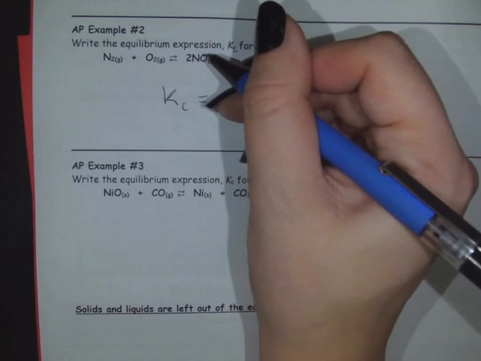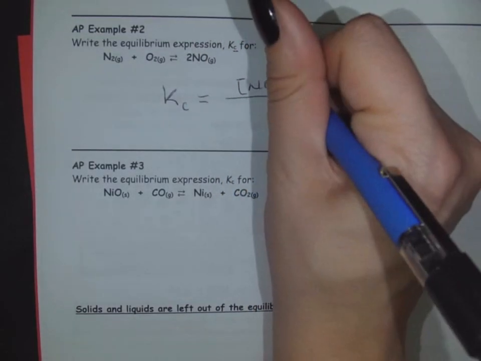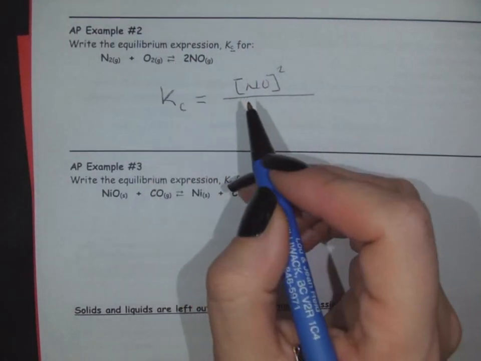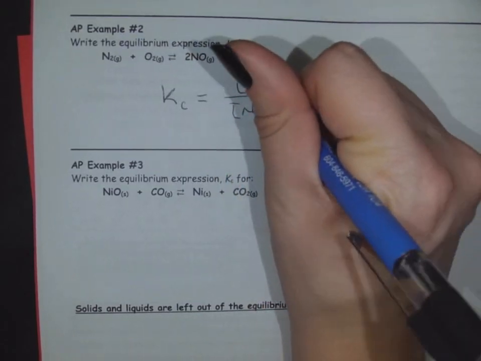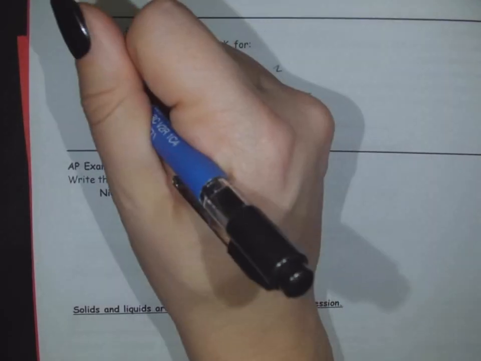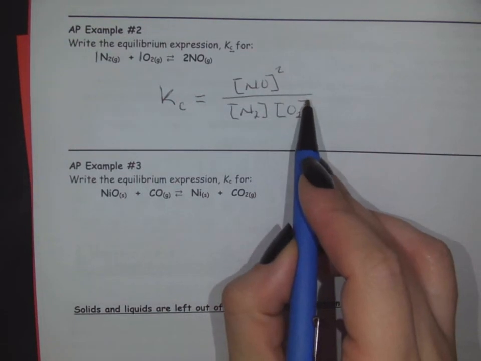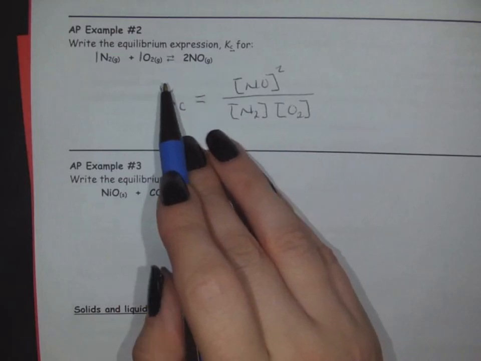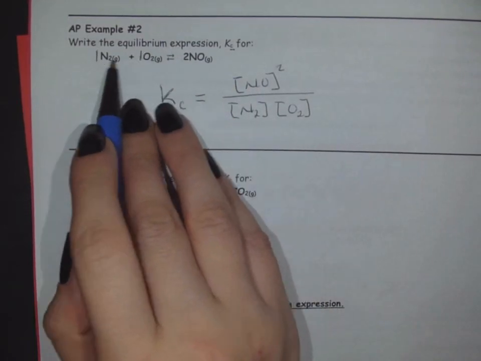So here's my products: concentration of nitrogen monoxide raised to the second, because we have a coefficient of 2, divided by the concentration of N2 and the concentration of O2. Similar to when we were doing rate laws, see how we have coefficients of 1 in front of there? So these are technically raised to the first, and then we wouldn't write the 1 down. So that is the equilibrium constant expression for concentration with this reaction.